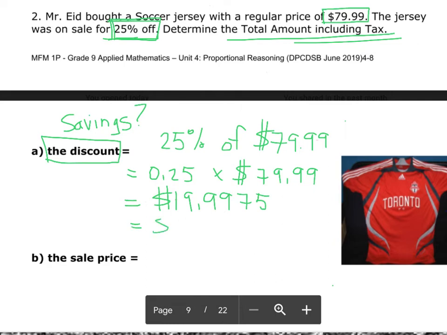Well, I ask myself to round to the nearest penny. Should I round this up a penny or leave it as 19.99? Well, the next number after the 9 is a 7, so I should actually technically round this number up by a penny. If I rounded this up by a penny, that would make this 19.99 actually an even $20. So that's the proper amount that I would round to. So the amount of discount, the amount of money he's going to save is $20.